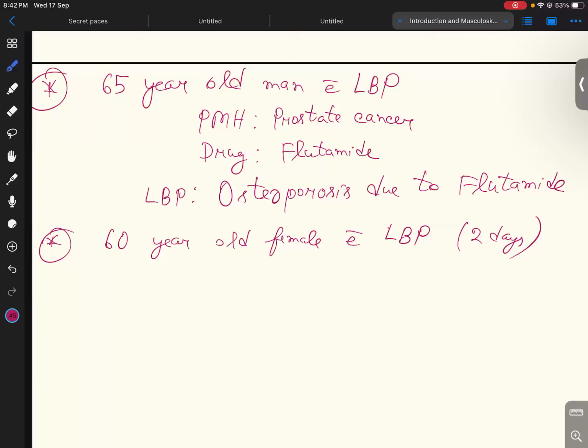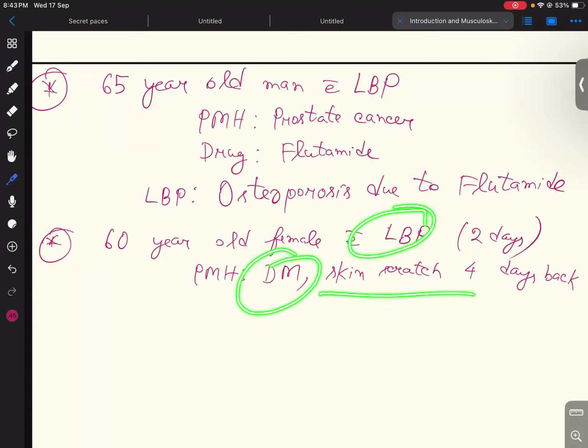And regarding the past medical history, she has diabetes and she got a skin scratch while doing gardening 4 days back. So what can be the cause of low back pain in a patient with diabetes and history of skin scratch?